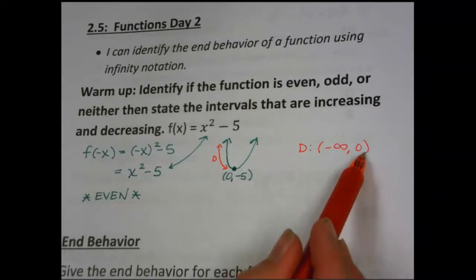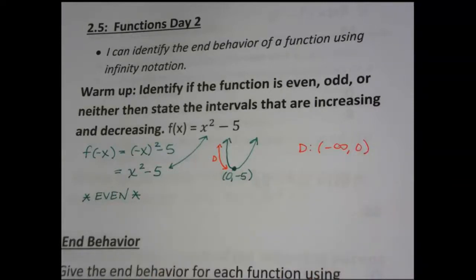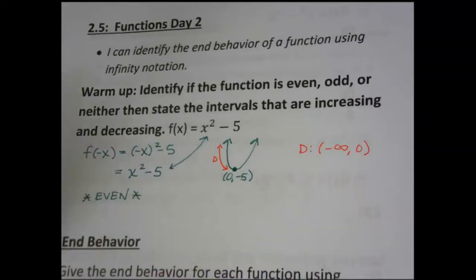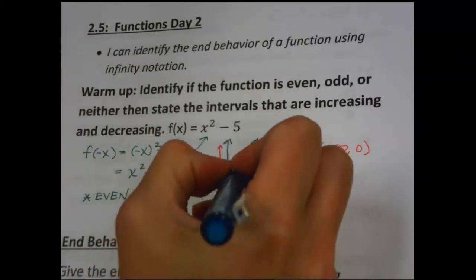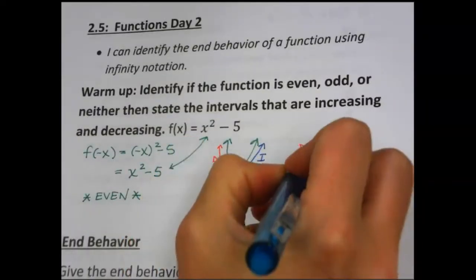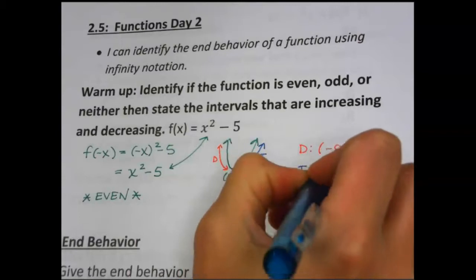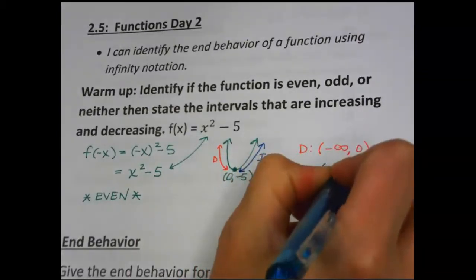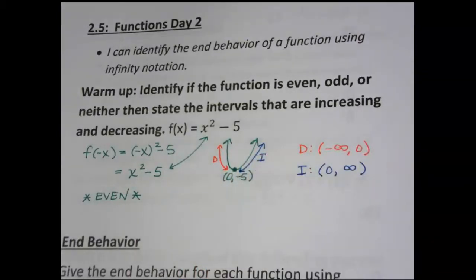And we use a parenthesis because at that point, it's not increasing or decreasing. Then after we hit that minimum value, our y values start increasing again. So the second part of our graph, we would say, is increasing from 0 to infinity.